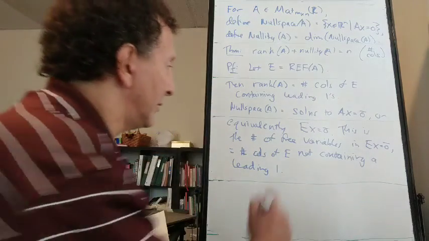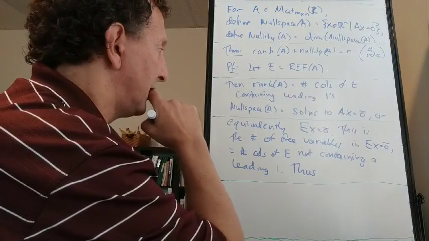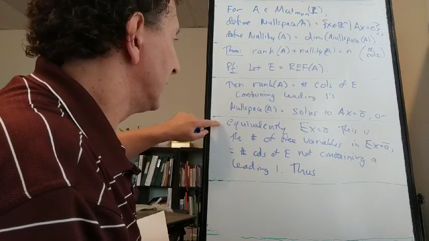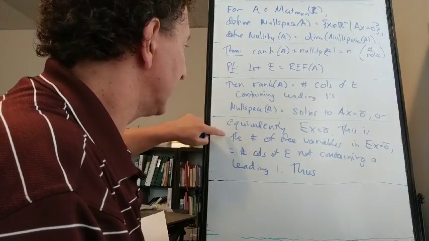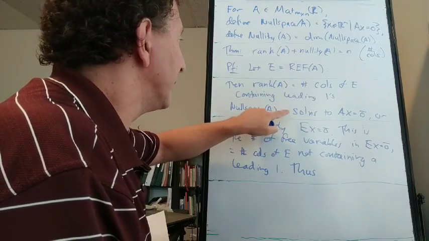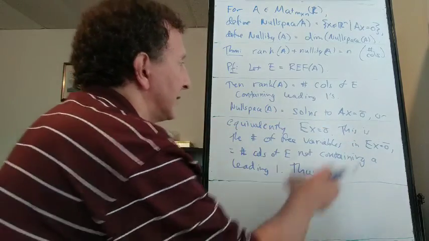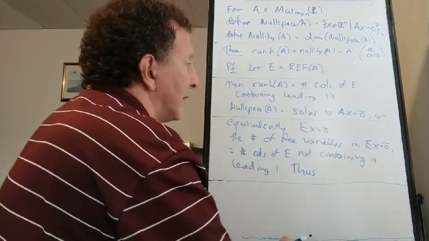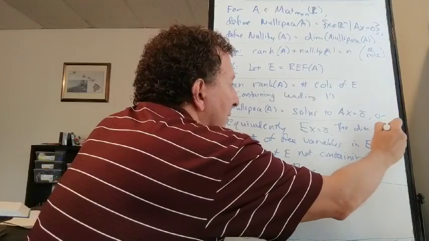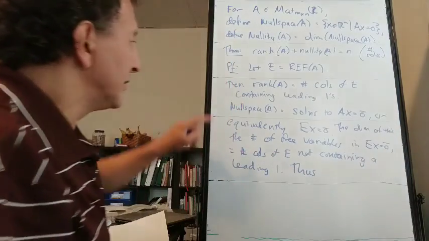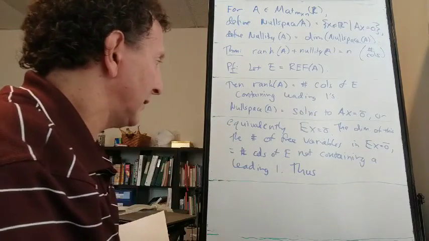Well, that's all the columns. I said null space is the number of solutions, but the null space is the set of solutions. I should have said the dimension of this is the number of free variables, because the null space is a whole vector space, and the number of free variables is just the dimension of that vector space.